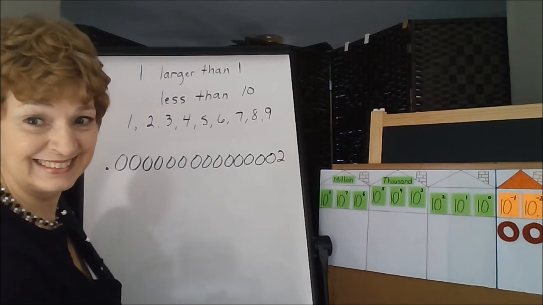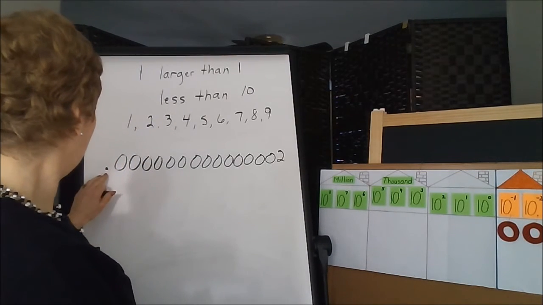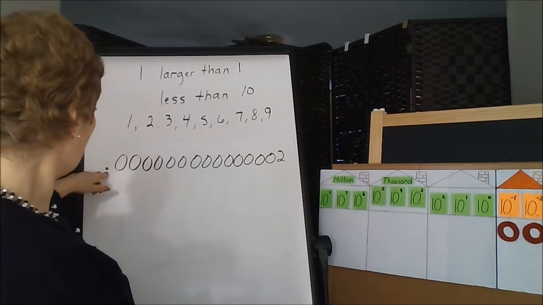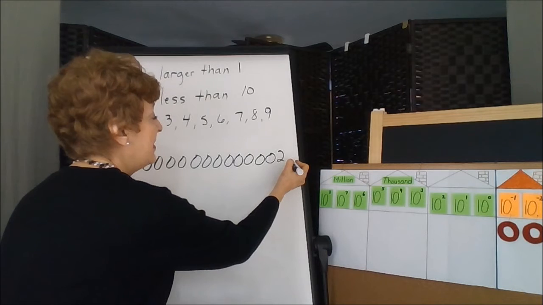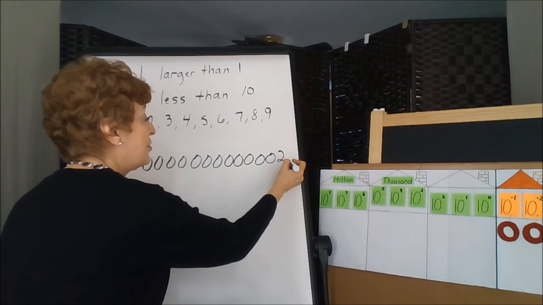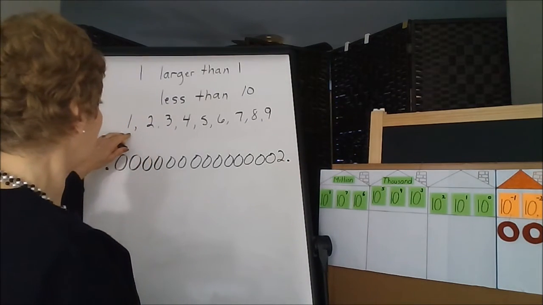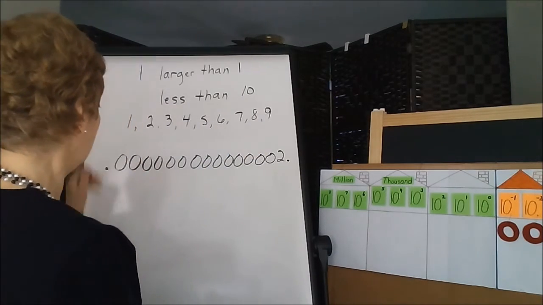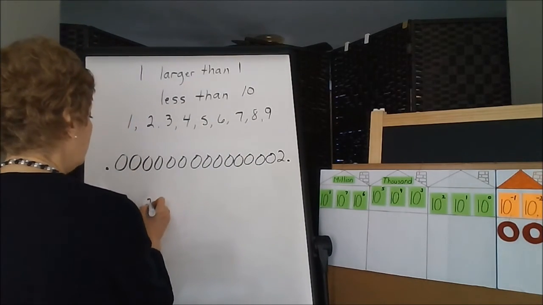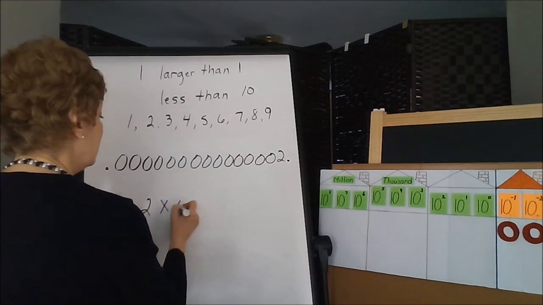Well, we've got to move our decimal point way over here to the 2, after the 2, because that is our first number that is between the 1 and the 9. And we're going to go 2 times 10.